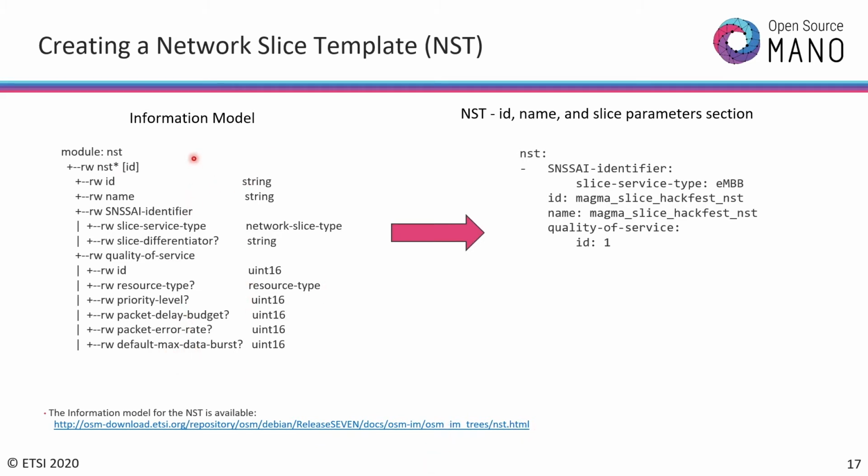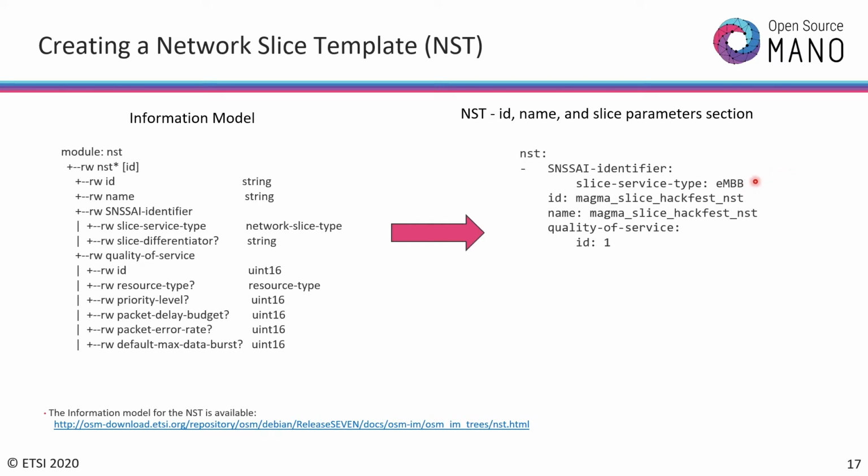If you click on this link, you can see the information model for the network slice template. The first part, as I was telling you, has some parameters, like an identifier for the slice service type. As we saw in the second slide, we had some kinds of slices, so we specify the type here. It can be eMBB, but also another one for latency, or one about bandwidth.